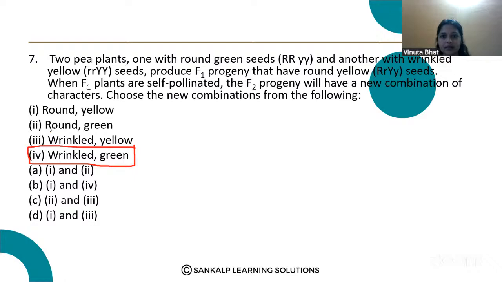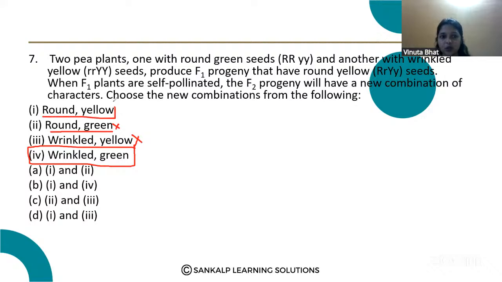Round green seeds are from the parental generation, and wrinkled yellow seeds are also from the parental generation. These two are from the parental generation.